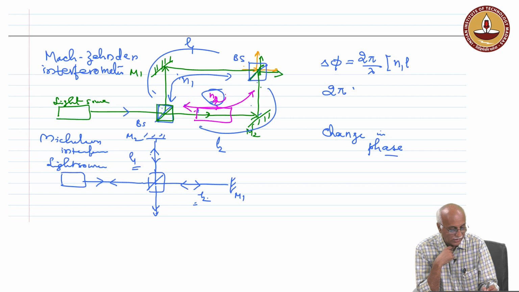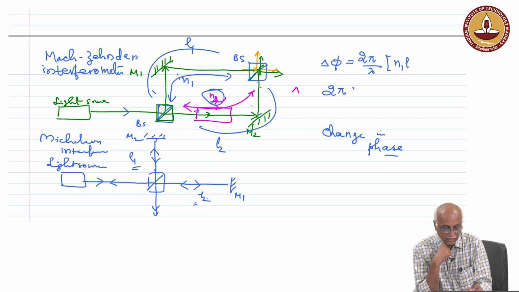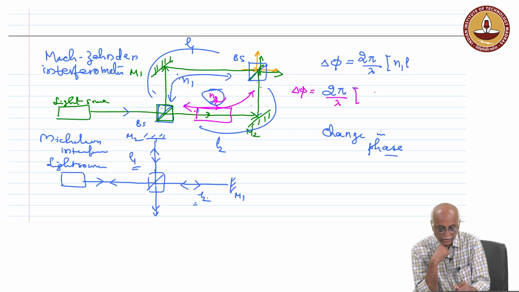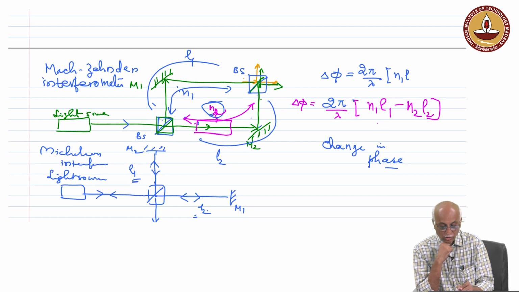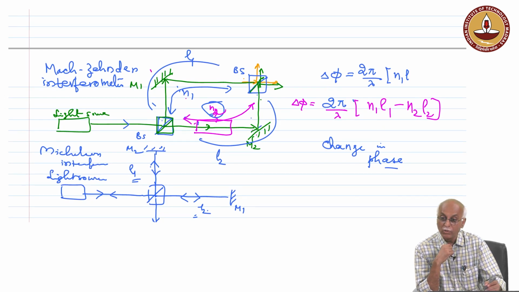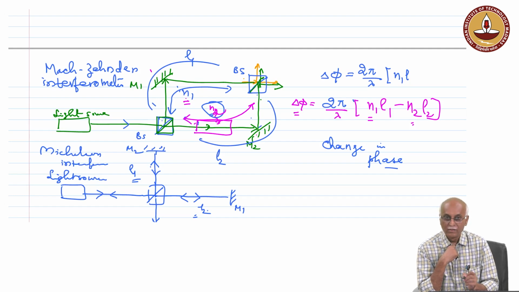So, the phase difference delta phi between both these waves is 2 pi by lambda times n1 L1 minus n2 L2. L1 and L2 may be equal, however n1 and n2 are different, and the phase difference is captured in terms of intensity difference.